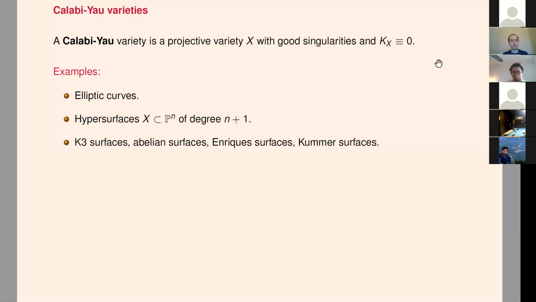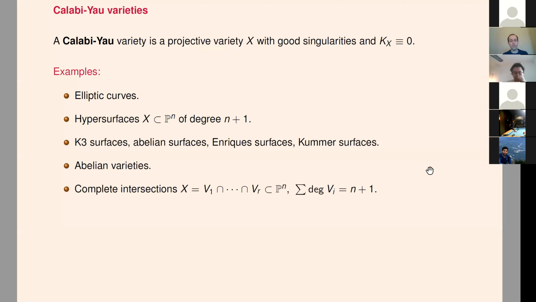In dimension 2, there are different classes of Calabi-Yau varieties. We have K3 surfaces, abelian surfaces, Enriques surfaces, Kummer surfaces, and so on. So there is a classification of Calabi-Yau varieties in dimension 2. In higher dimension, abelian varieties will always give you Calabi-Yau varieties.